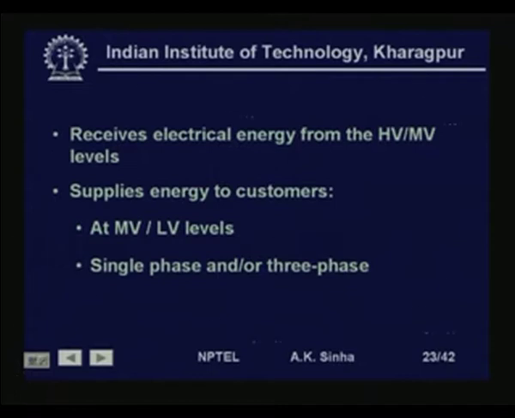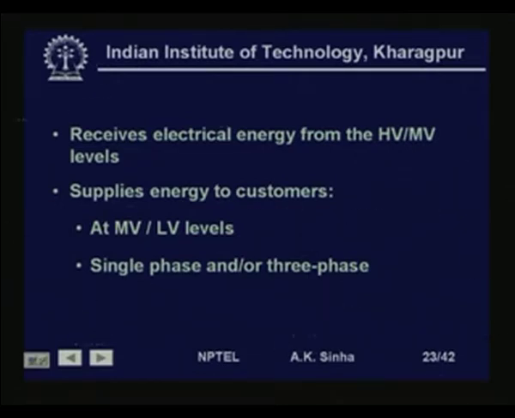Then it supplies this energy to the consumers at medium and low voltage levels, that is around 33 kV, 66 kV, maybe 11 kV, or lower voltages of the order of 3.3 kV or 400 volt, 415 volt and so on.